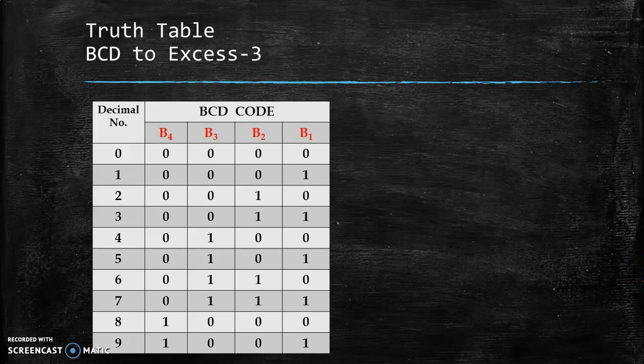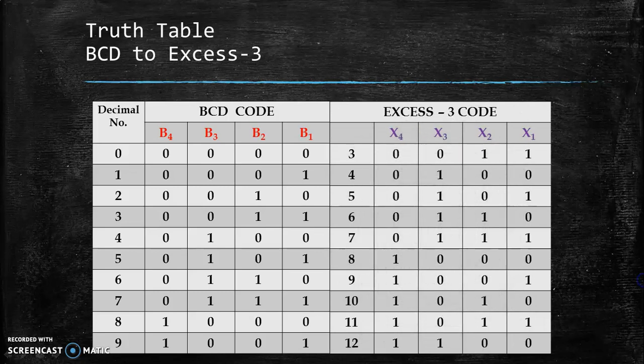Now to convert the BCD number into Excess-3 code, we need to add 3 to the decimal number, and then again write the BCD number. So we have decimal number 0 plus 3, equal to 3, 1 plus 3, that is equal to 4.